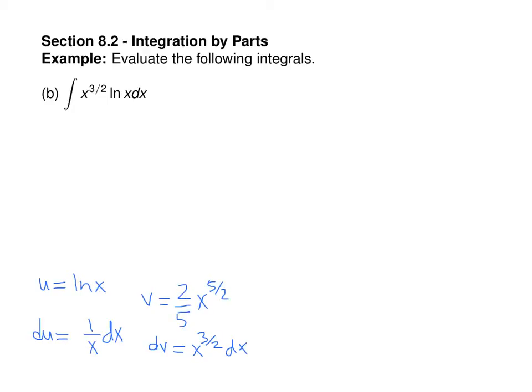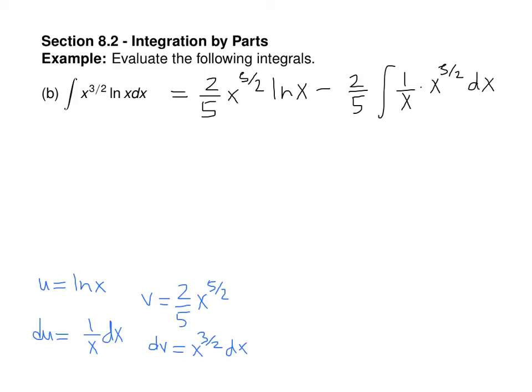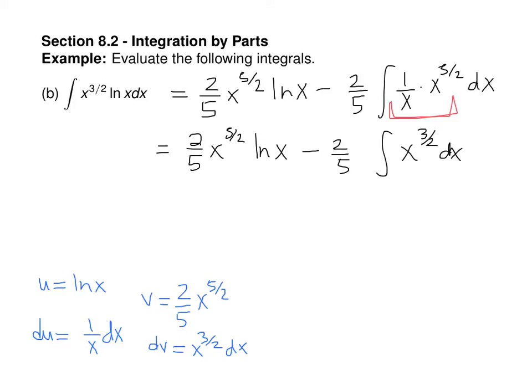So our integral is equal to uv, so 2/5 x to the 5/2 ln x minus v du, so minus 2/5 the integral 1 over x times x to the 5/2 dx. Now in this integrand, you can write that as x to 1 power by subtracting the exponents. So we have 2/5 x to the 5/2 ln x minus 2/5 times the integral of x to the 3/2 dx.